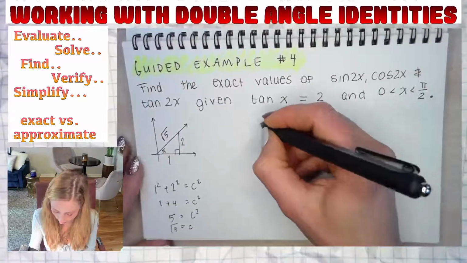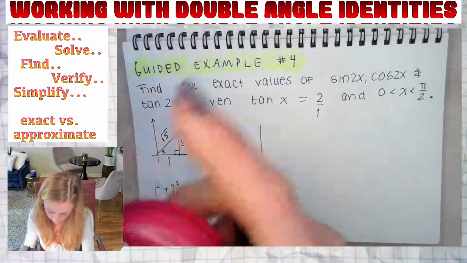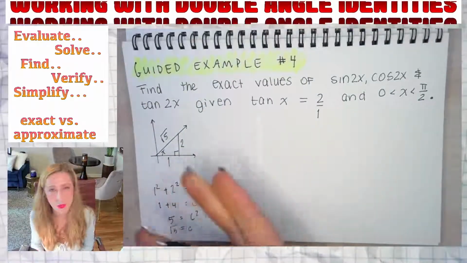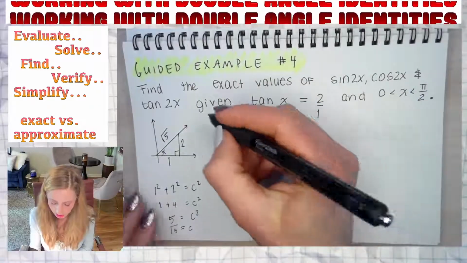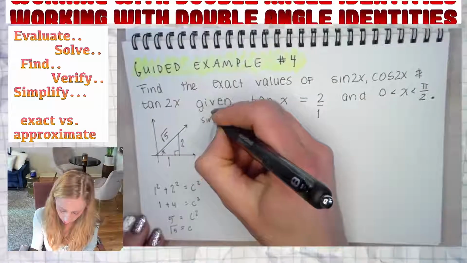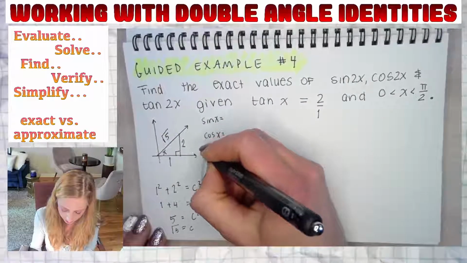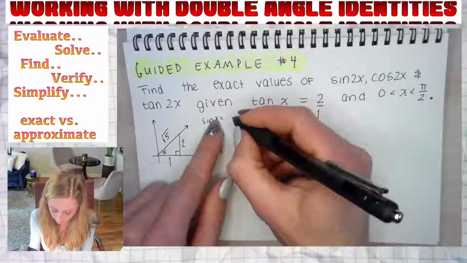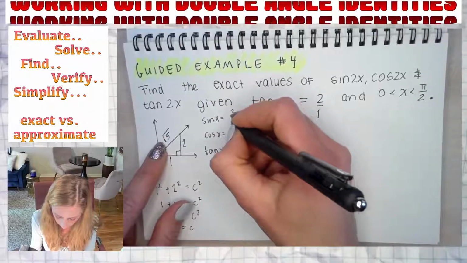I don't know why I was drawing another picture. That was silly. What we'll do is use this information to find our double angles. What I might write down though is what sine x, cosine x, and tan x equal, just to get those out of the way because I'm going to need them in my double angle identities. Sine is opposite over hypotenuse, 2 over root 5.